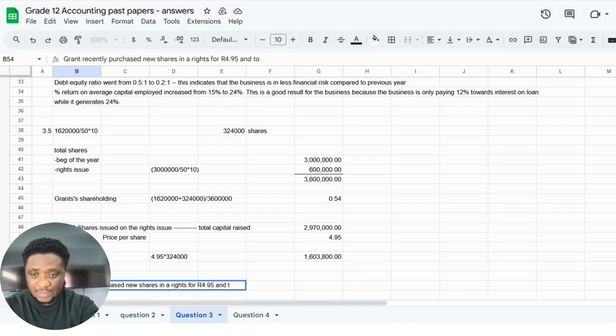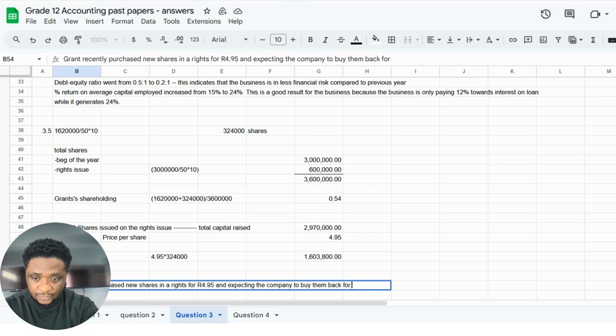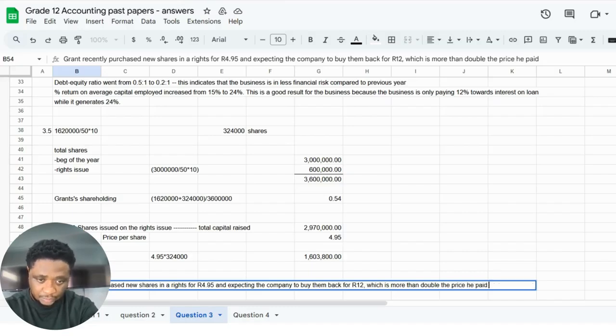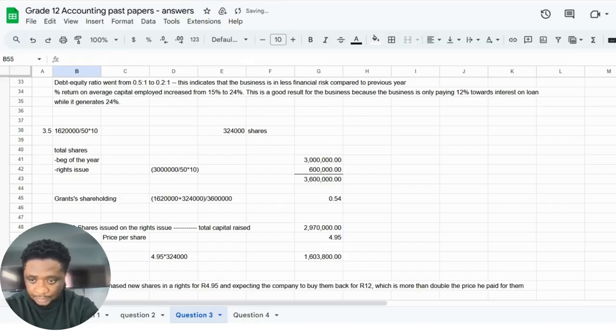and he is now demanding and expecting the company to buy them back for 12 Rand, which is more than double the price he paid for them.